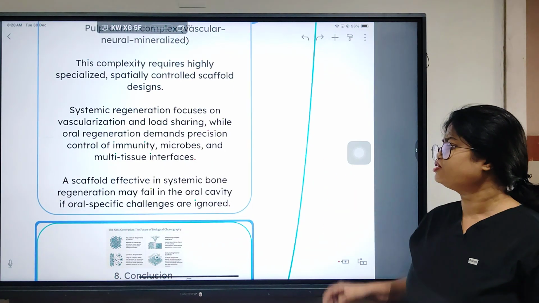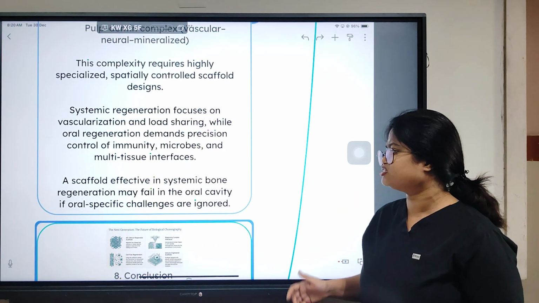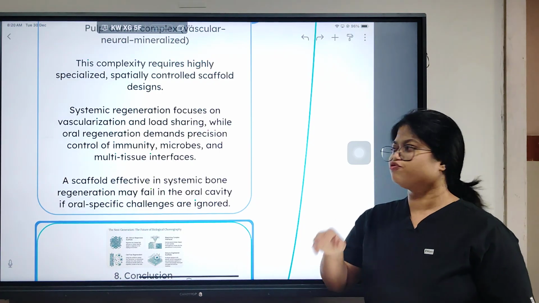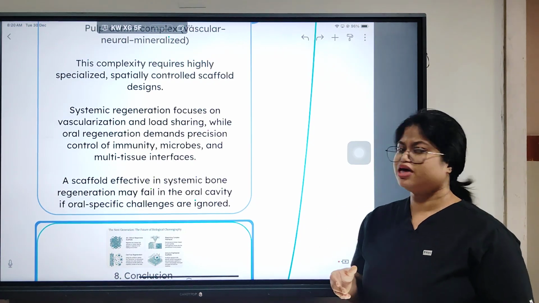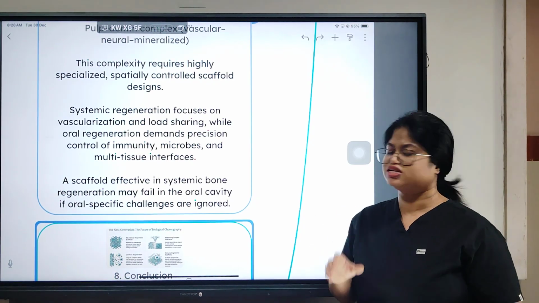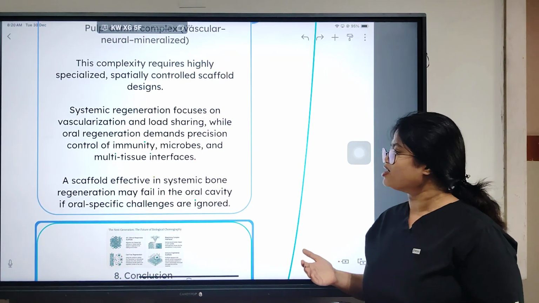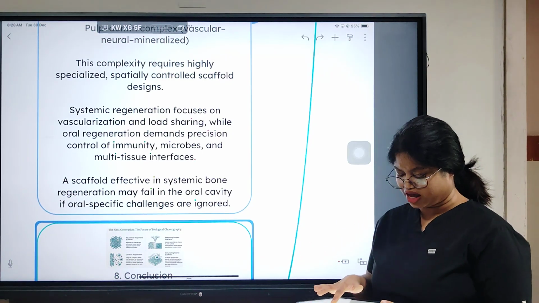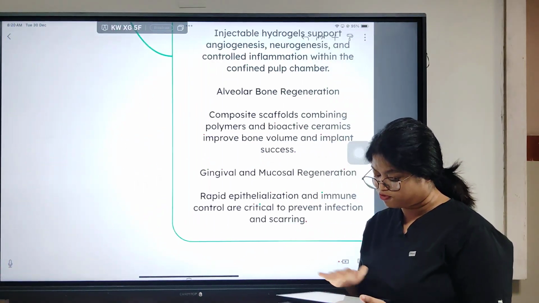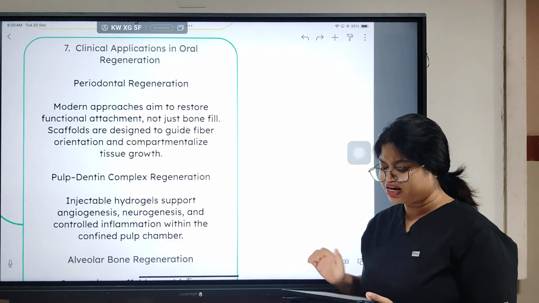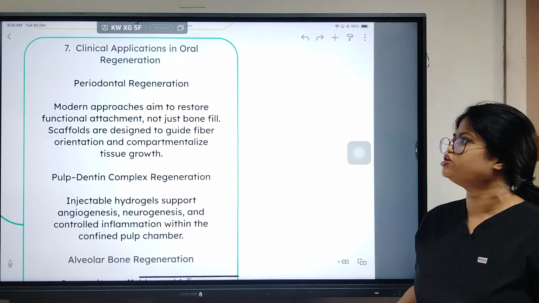So in conclusion, a scaffold that is effective in systemic bone regeneration may fail in the oral cavity. So the selection and the design is very challenging, and advances are going on in this research area and field.